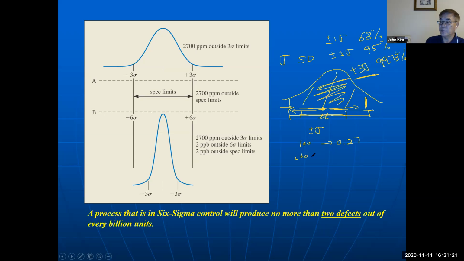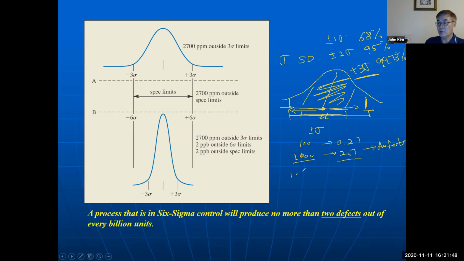If the company produces 1,000, then up to 2.7 outside, meaning defects allowed. So if they produce 1,000 and make fewer than 2.7 defects, they consider the process is working well.